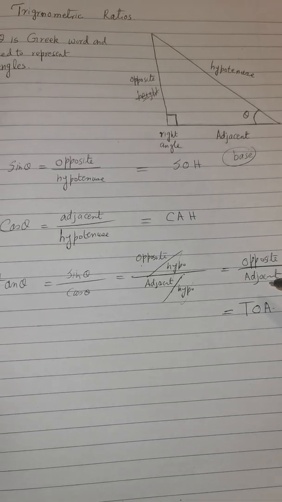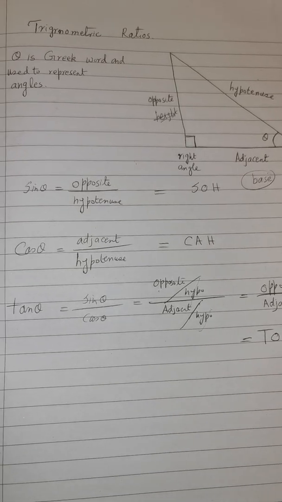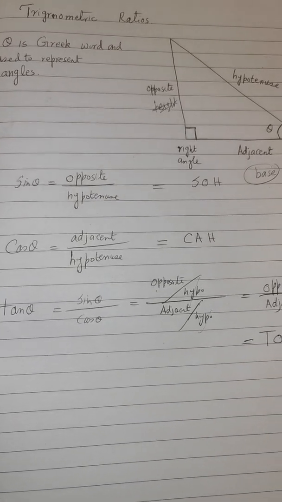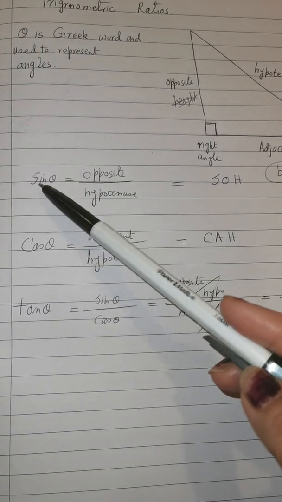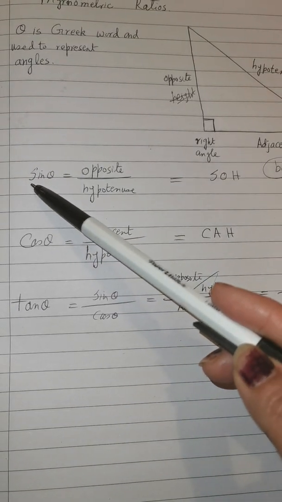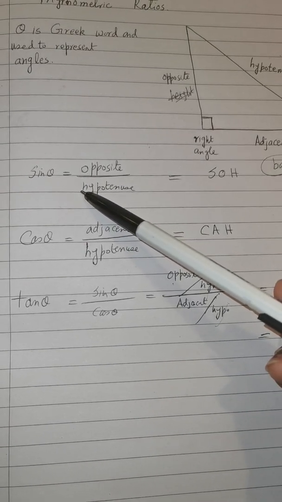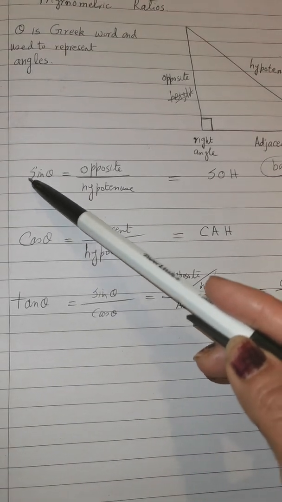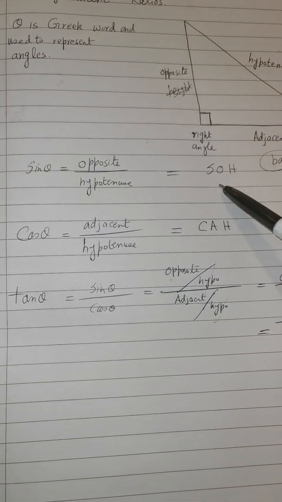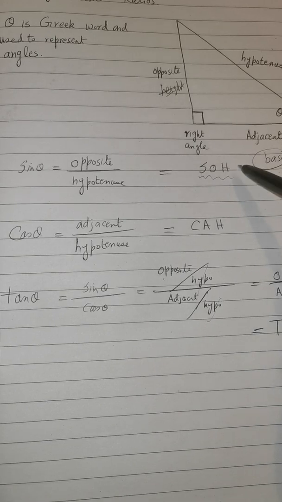Some people make a rule to remember the formulas. They take the first letter of sine, S, the first letter of opposite, O, and the first letter of hypotenuse, H, and make a word: SOH.